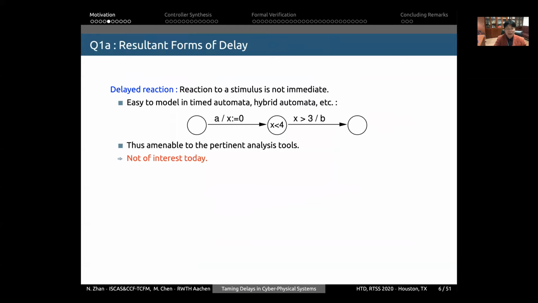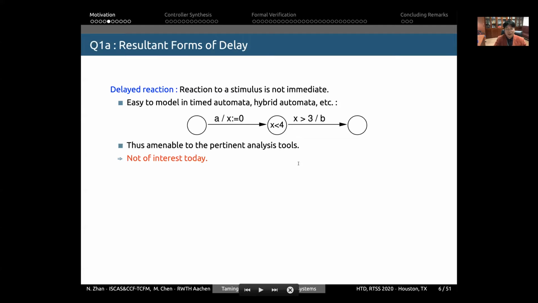So the question is, what kind of time delay should be considered? The first simple type of delay is a delay reaction, means the reaction to a stimulus from the environment is not immediate.